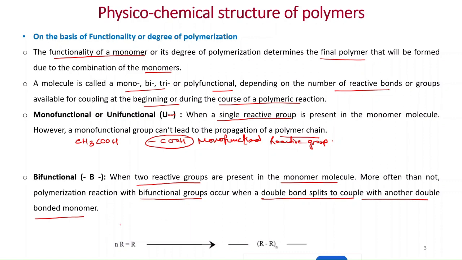Like n number of, suppose R, it reacts with this. One double bond will split and it will couple through another double bond. By this kind of bonding, it forms nR. It forms polymers. It is a chain.